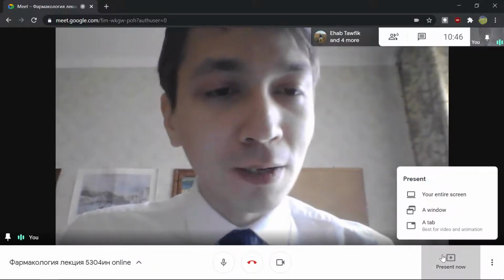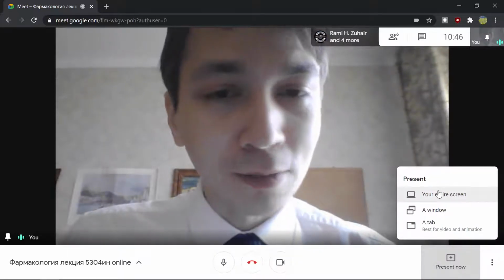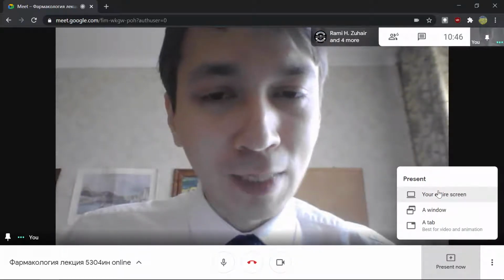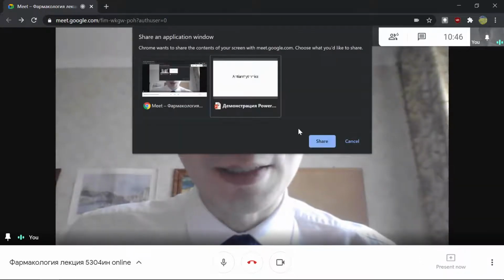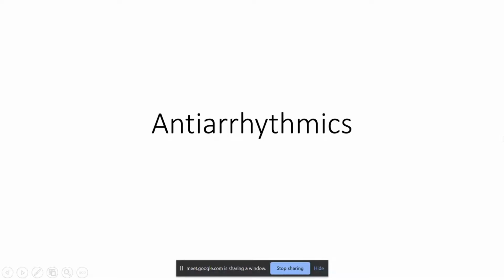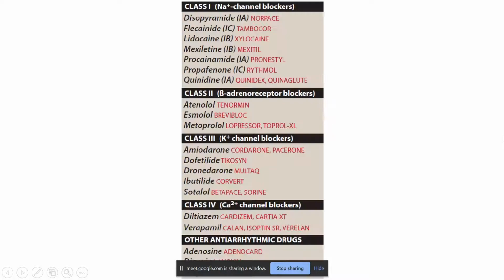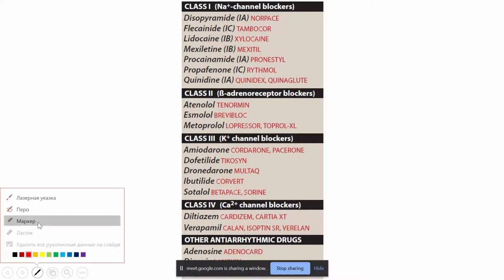So there are several groups of drugs that are used to treat the abnormality of the heart contraction, or the arrhythmias, and these include 4 classes.